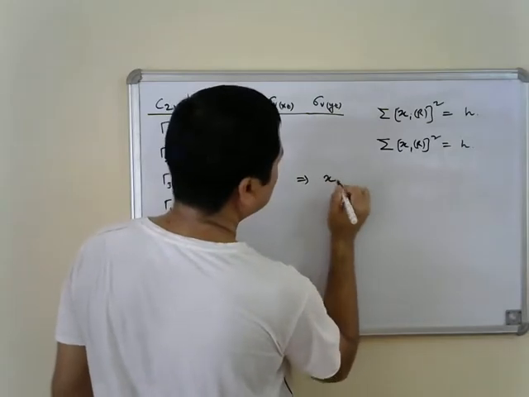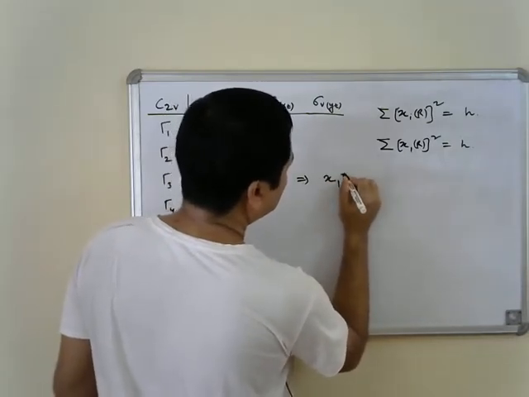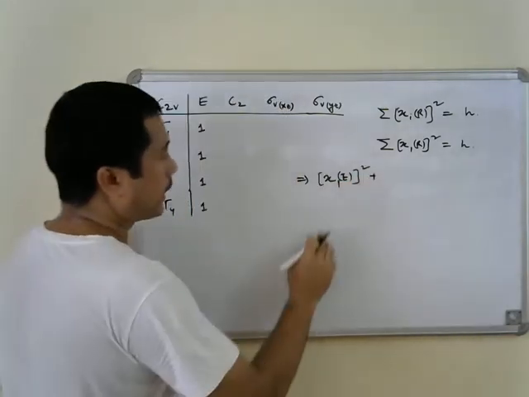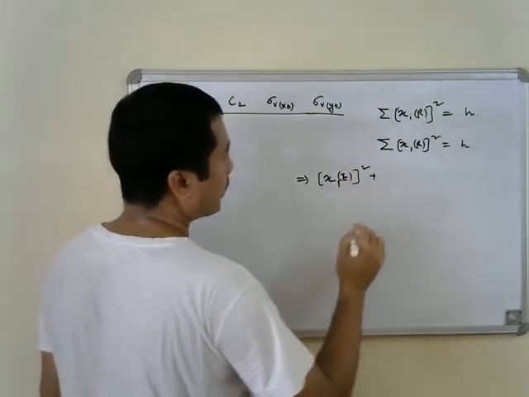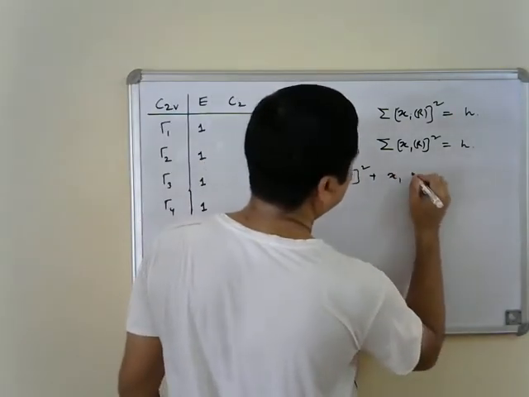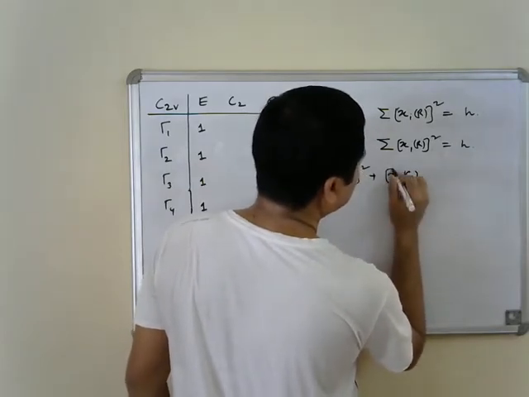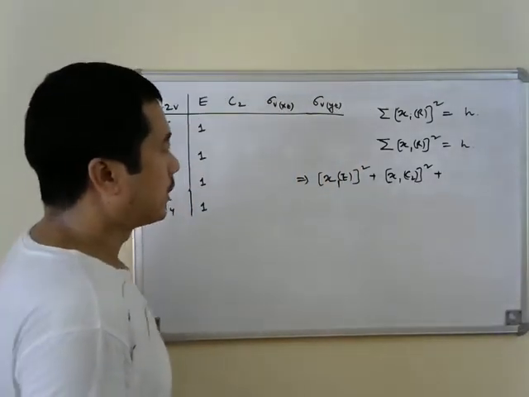we have to do the sum over of chi 1 of E for the identity operation, the character of the matrix representation for identity operation, and we take the square of that. Then again for gamma 1 only, the character of the C2 operation we take, and then do square.